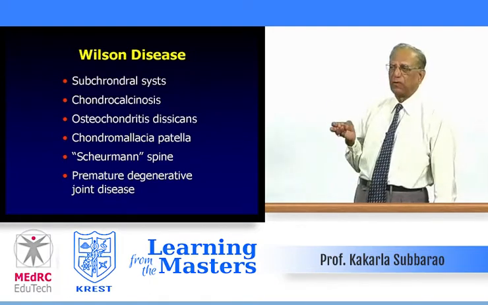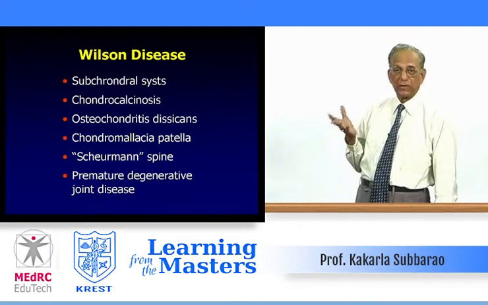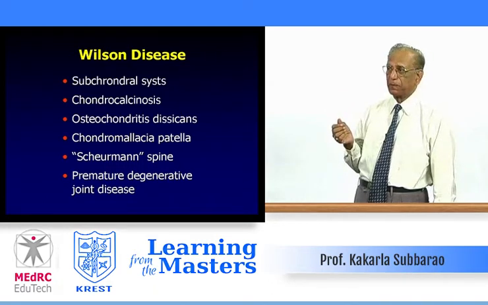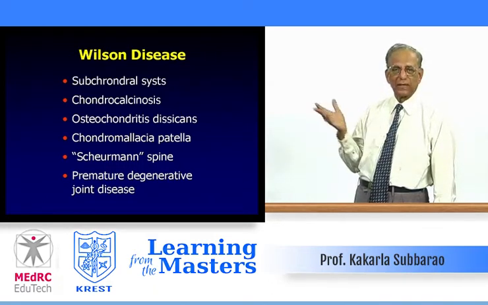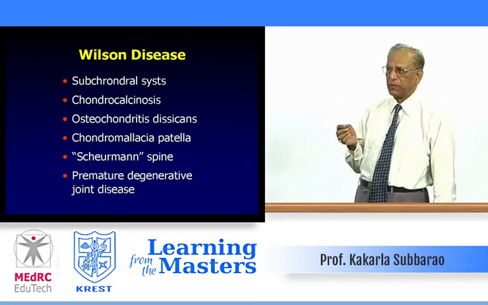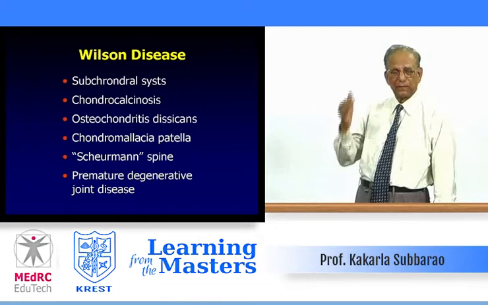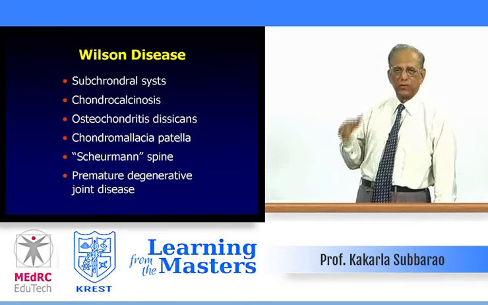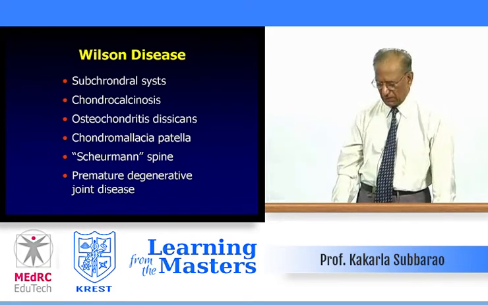Subchondral cysts you may find, calcification of the fibrocartilage, chondrocalcinosis, osteochondritis dissecans, which I mentioned earlier, chondromalacia patella, Scheuermann spine with multiple small Schmorl's nodes and irregularity of the apophysis, premature degenerative joint disease wherever there is defect.